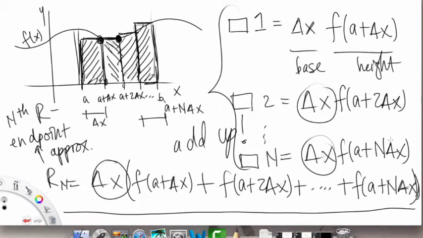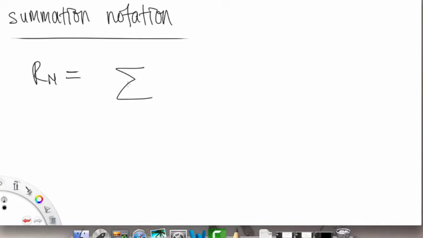Because that looks a little bit long, we have a different kind of notation called summation notation. That kind of rhymes, sort of. It has a little jingle to it. Summation notation allows us to rewrite the long expression, the R sub n, as a pattern series. So R sub n is equal to the sum, and I'll tell you what all the symbols mean. This thing is a sigma, which means sum of.